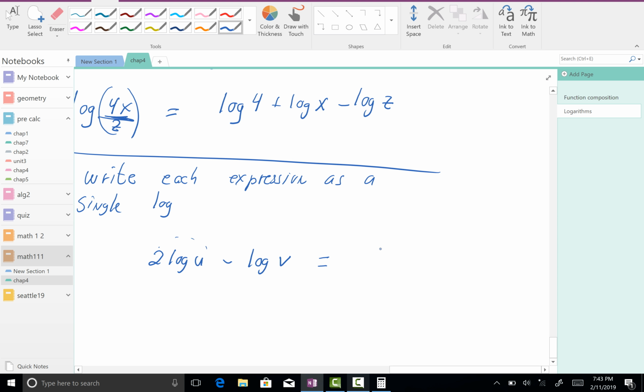It's going to be the log of u squared, and minus means what operation? Divide, and what are we dividing by? V. Now we've written it as a single log. We're just using those same properties, just going backwards with them. So we're going one way and then backwards, back and forth. That's all we're doing.